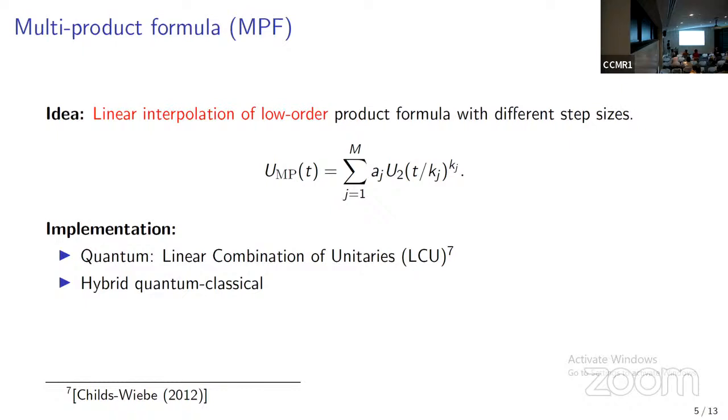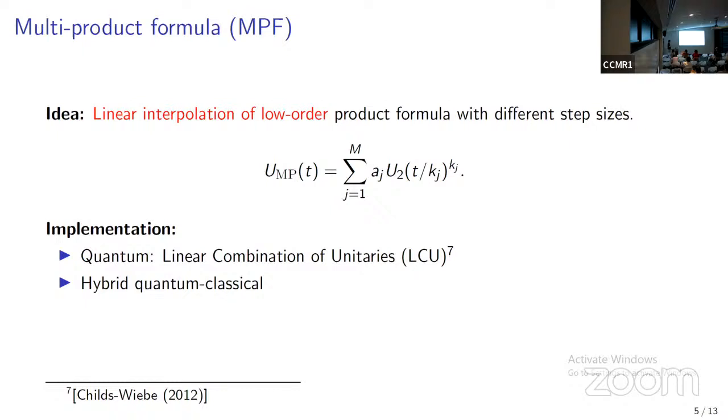And since here we are doing this kind of interpolation idea, we can carefully choose all of these coefficients to cancel all the low order error terms and make sure that it achieves a really high order convergence and then has near optimal time and precision dependence. So that is our expectation. And of course, for this formula to become an algorithm, we need to discuss some implementation, but I will not discuss it in detail in today's talk.